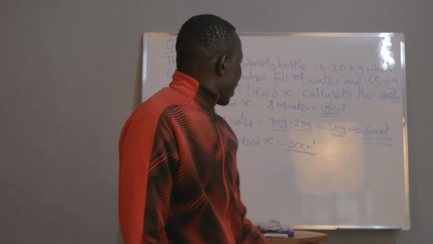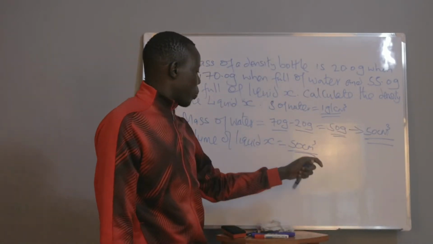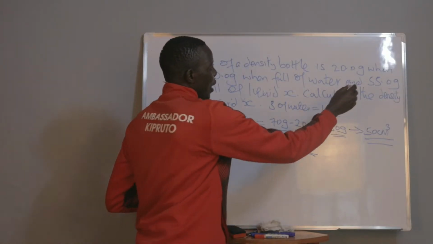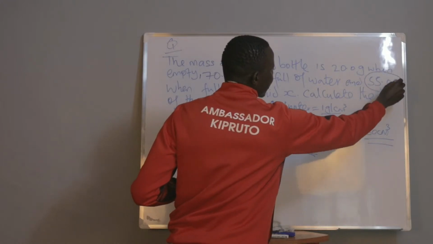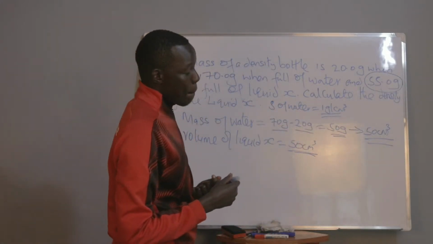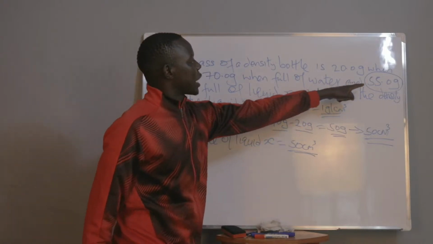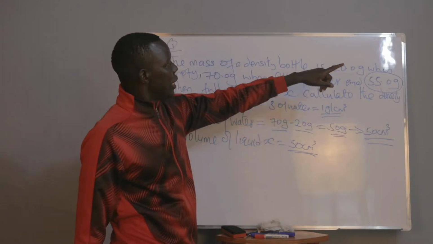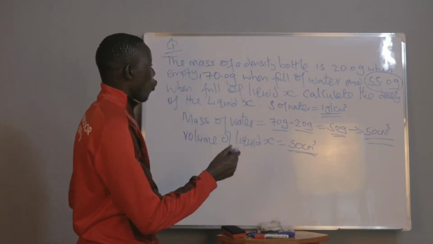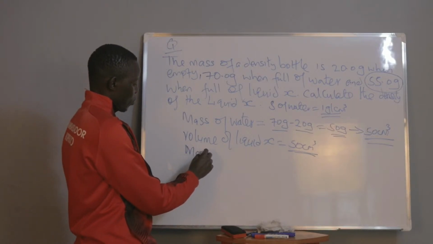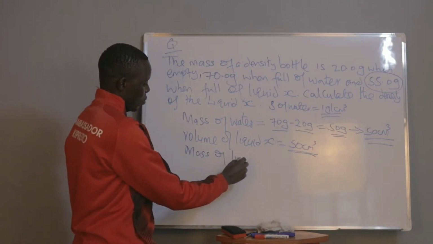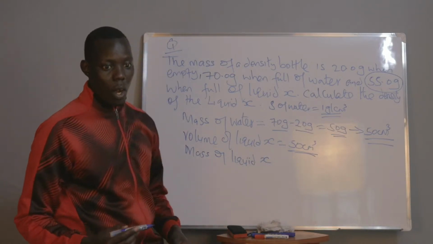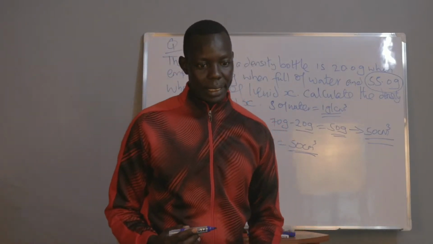So now, if you have the volume of liquid X to be 50, look here. When this bottle is filled with liquid X, its mass is 55 grams. But the mass of the empty bottle is 20 grams. What is the mass of liquid X?